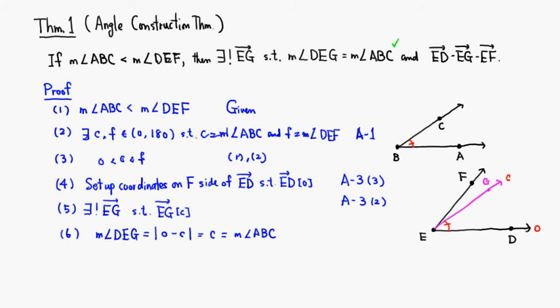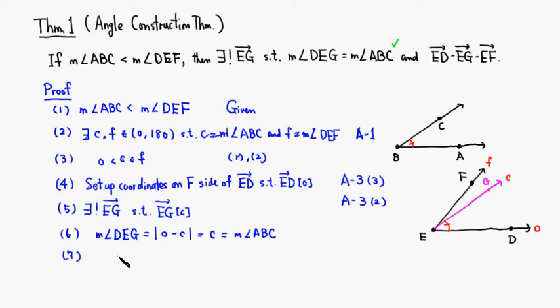Then we know that this has coordinate F. Because of line number 3, C is between 0 and F. So by using the dual of theorem 3, so number 7, we can conclude the betweenness.